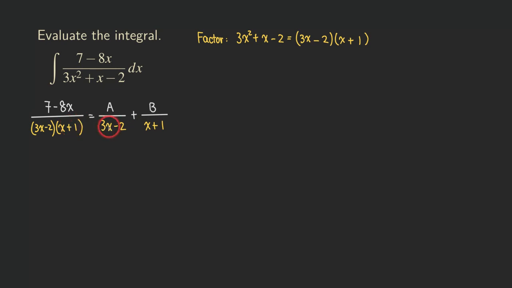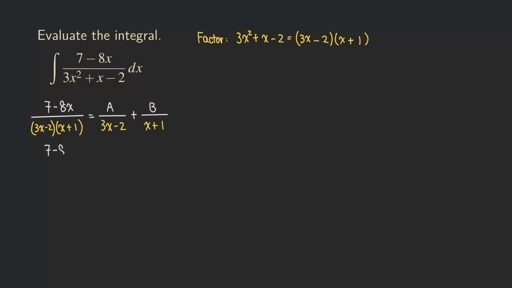The least common denominator is just 3x minus 2 times x plus 1. So we multiply the first fraction top and bottom by something, do the same for the second fraction, and then put them together. Okay, let's do it.